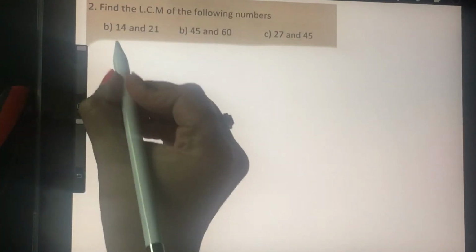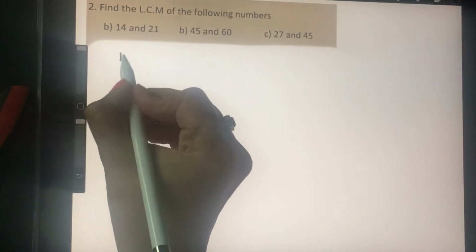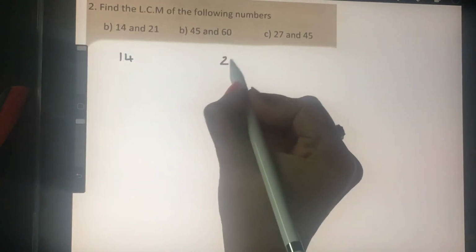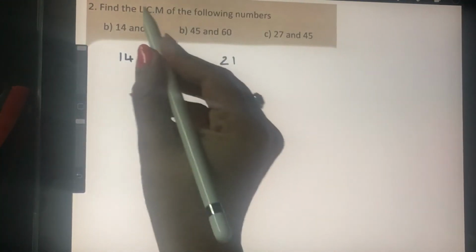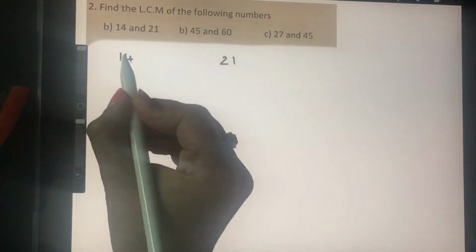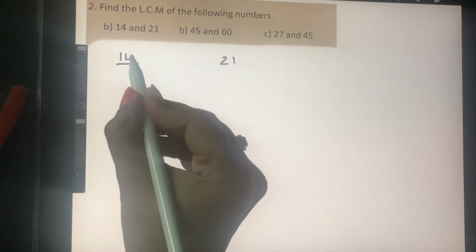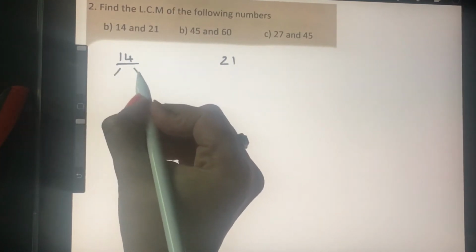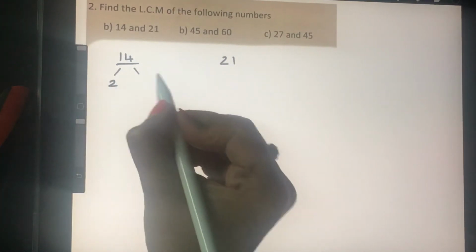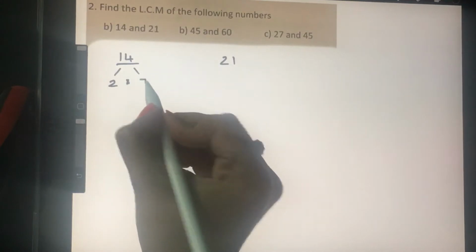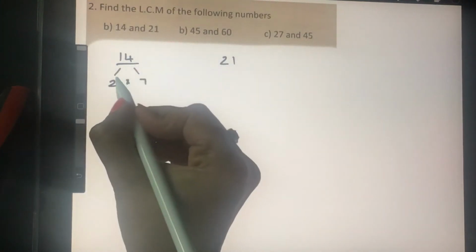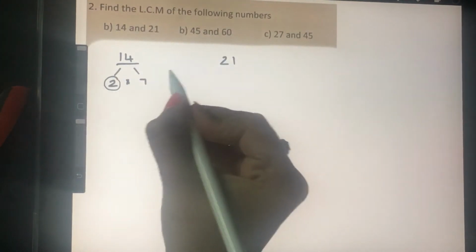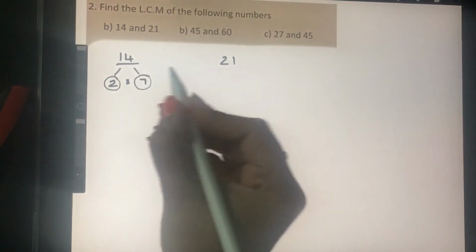Right, so for number B, we've got two numbers. We've got 14 and 21. To find the lowest common multiple, as this question asks, we need to find the prime factor decomposition of those. So we're going to break them up into two smaller pieces, and 2 times 7 will give me 14. In this instance, 2 is a prime number and 7 is a prime number.